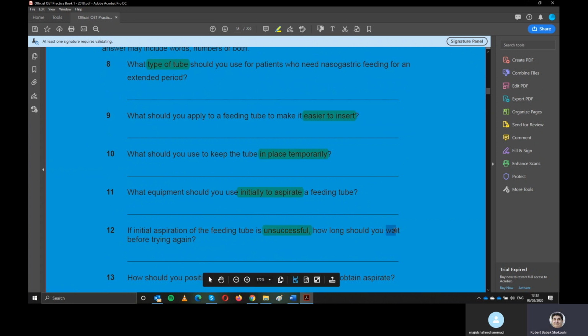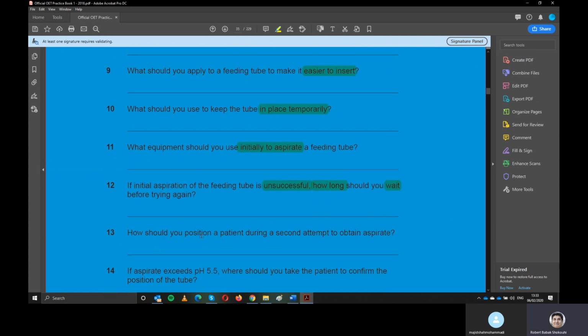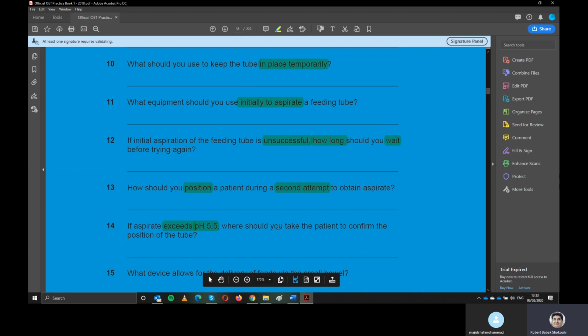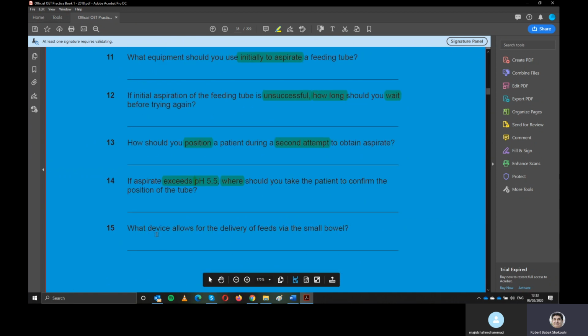How long to wait? Okay. Position. Second attempt. Aspirate exceeds 5.5. Where should you take the patient to confirm the position of the tube? Probably X-ray. What device allows the delivery of feeds to the small bowel?